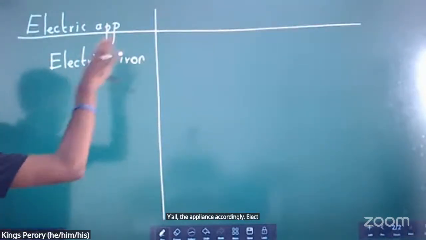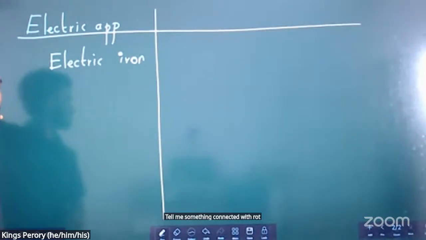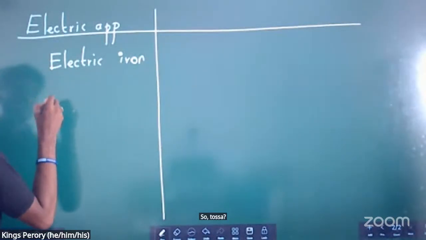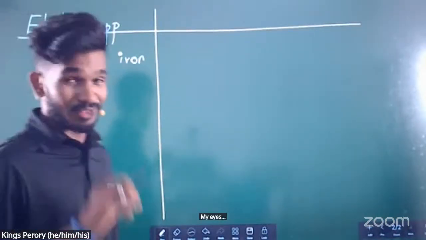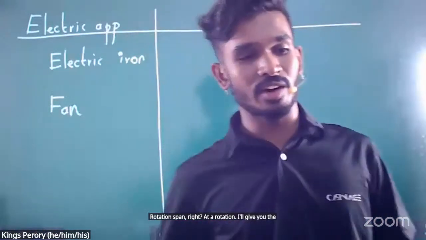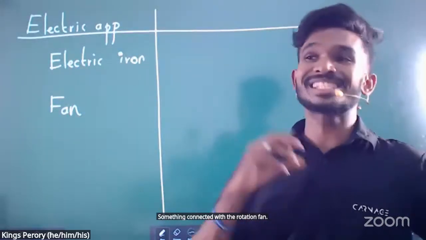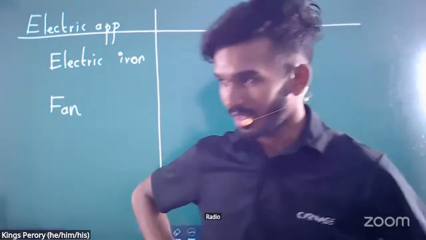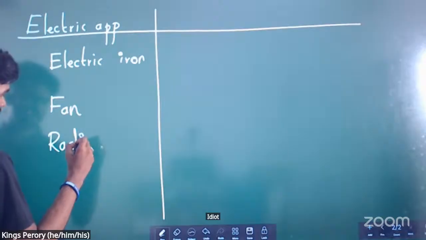Electric iron, something connected with heat. Now tell me something connected with rotation. Toaster, washing machine, microwave. Fan. Rotation: fan. I'll give the hook, and you talk according to that. Something connected with sound: radio.